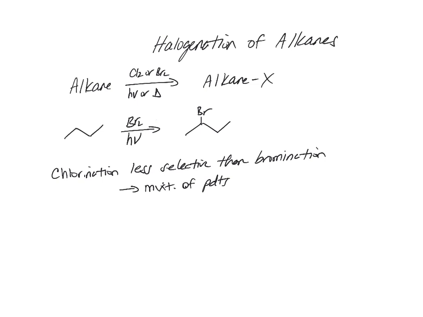So let's do a pretty straightforward one, like this. If we had Cl2 and light, chlorine wasn't tremendously selective for one position over the other. It preferred tertiary by a little, but secondary was still pretty good. Primary wasn't terrible.